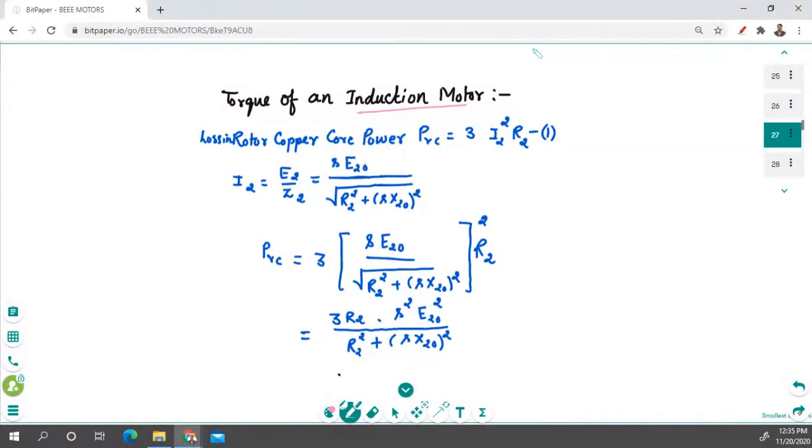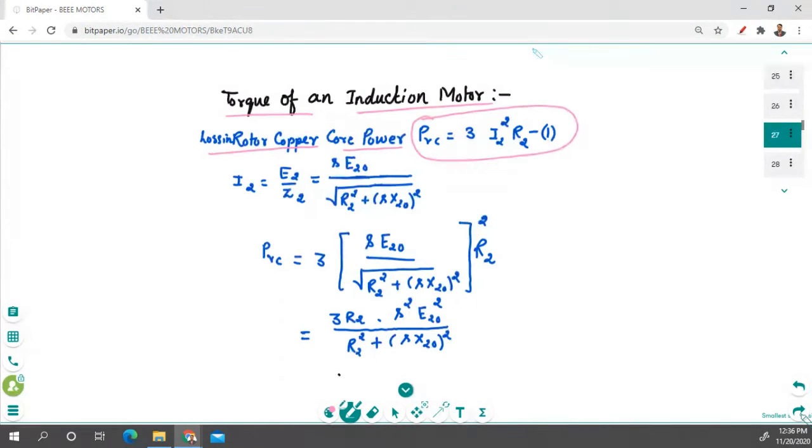Now come to the next part, torque of an induction motor. So how to calculate this torque? First, we know that the loss in the rotor, or copper loss, or copper power, is represented by PRC. We have seen this in the previous derivation also.